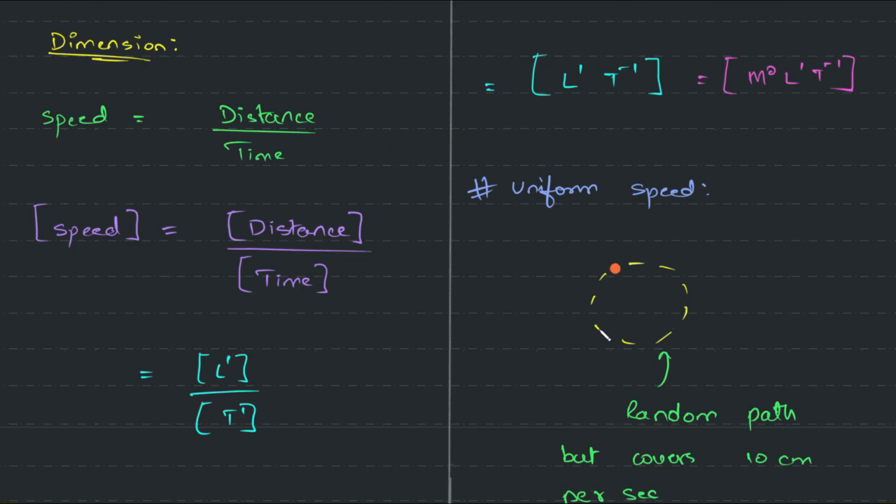It's able to cover 10 centimeters per second. This is an example of uniform speed.